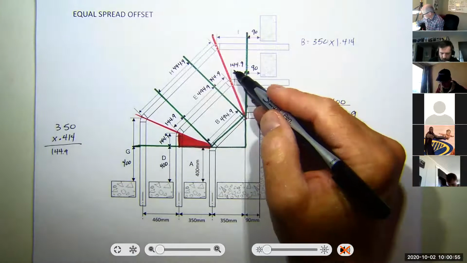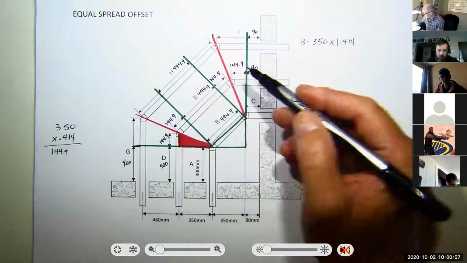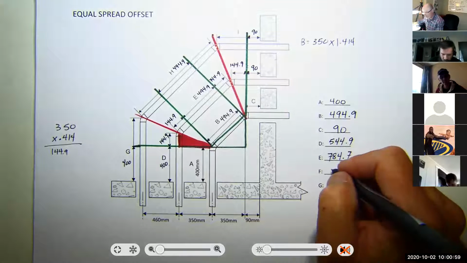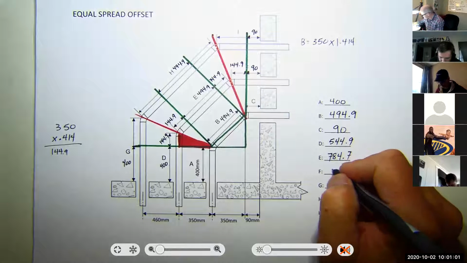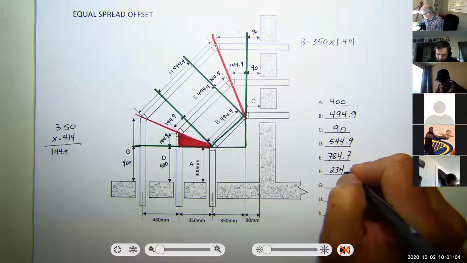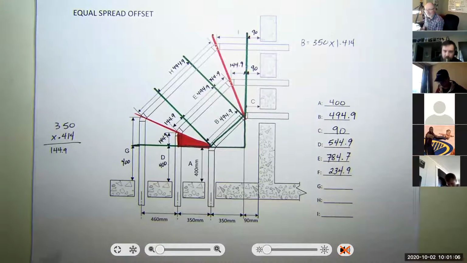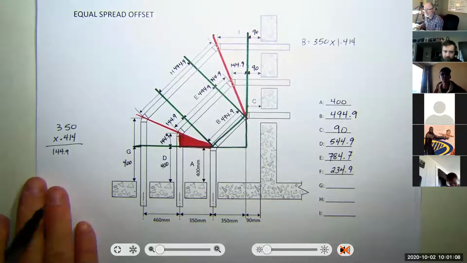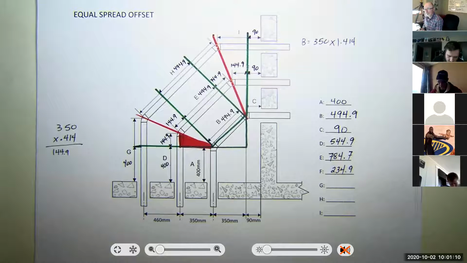And F is 90 plus 144.9. So F is 234.9. We'll give everybody a minute to catch up on that.